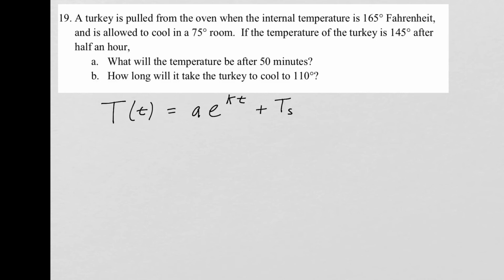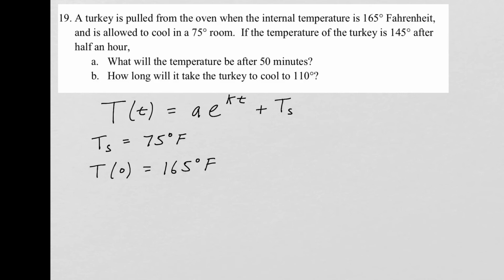We know that T sub s is the surrounding room temperature, so that's going to be 75 degrees Fahrenheit. We also know the temperature when the time t is 0 is equal to 165 degrees Fahrenheit. So actually, we can use that information to solve for A. Because ultimately we want to find A and we want to find k. So we can use that initial information to find A.